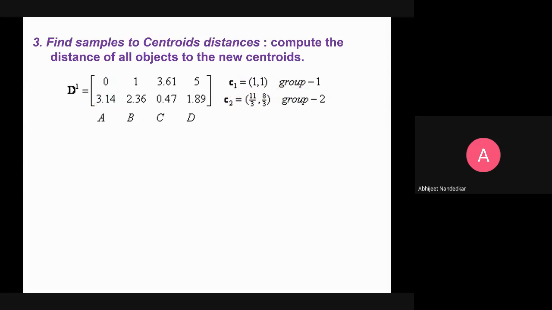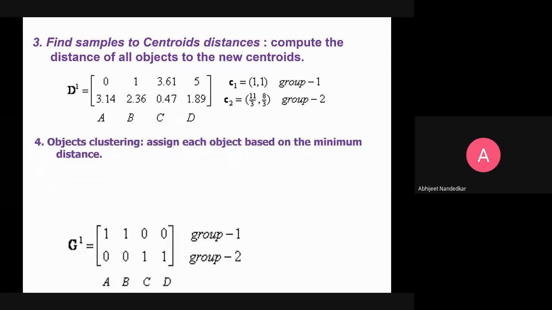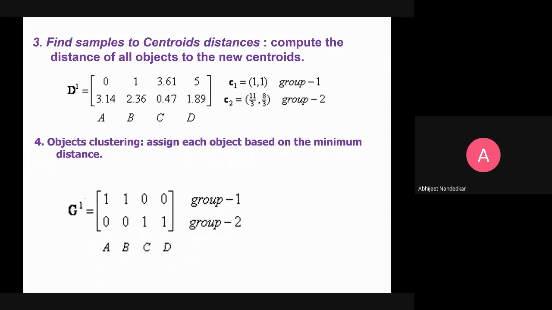Once this is done, our table is complete. Then we do the reassignment of samples from one group to the other. Now this is G1.